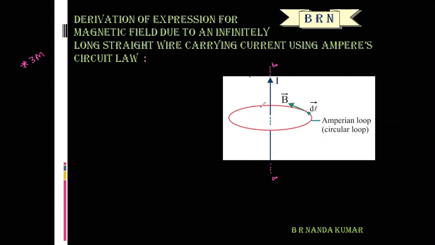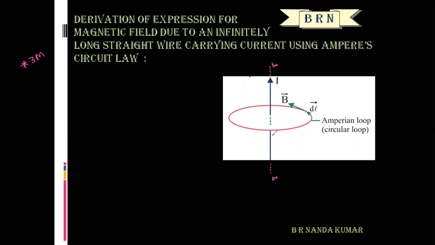The direction of magnetic field in the Amperian loop can be determined by using the right hand thumb rule. The straight current carrying conductor is held in the right hand, thumb pointing in the direction of current, and the fingers encircle the conductor, which gives the direction of magnetic field.